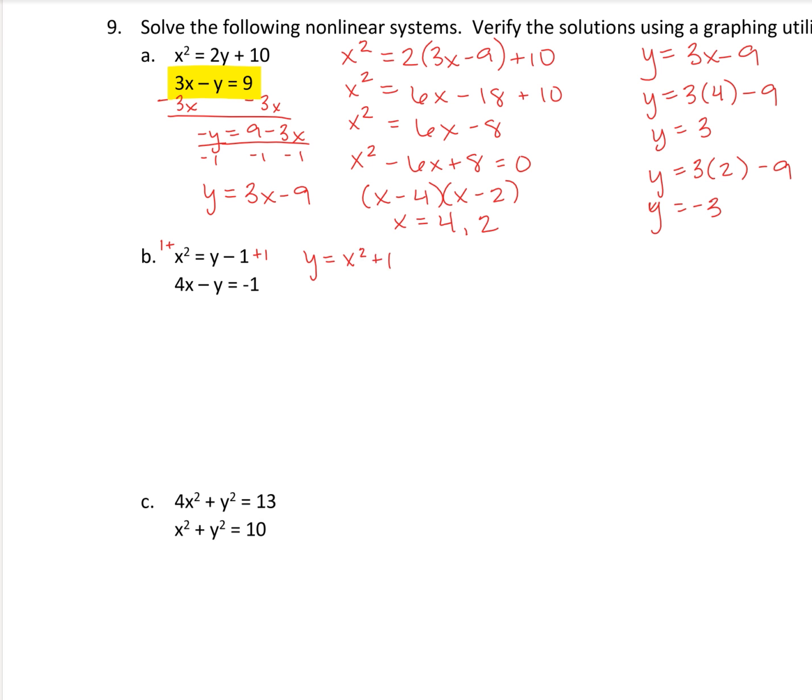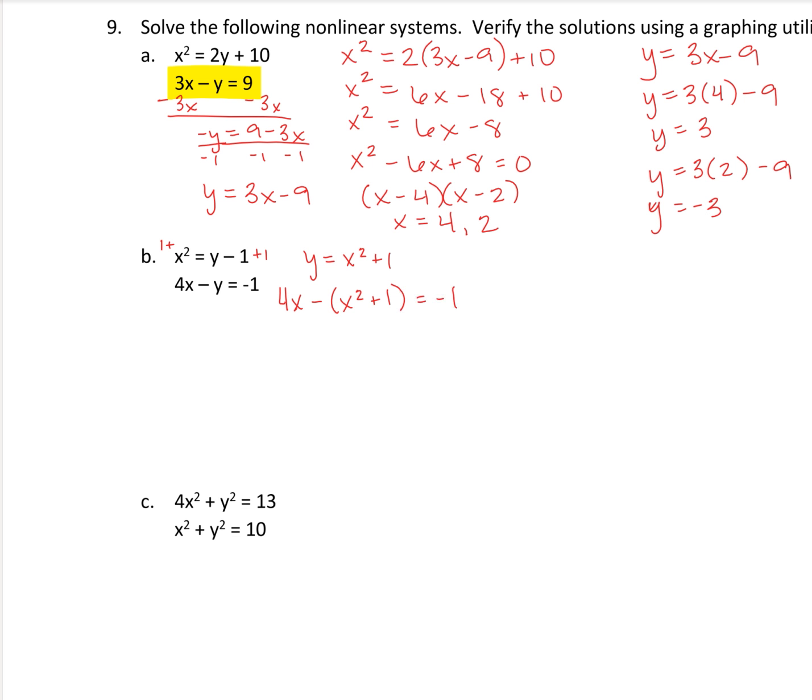I'm going to plug that into my second equation. So I get 4x minus, instead of y, I put my x squared plus 1, and it equals negative 1.